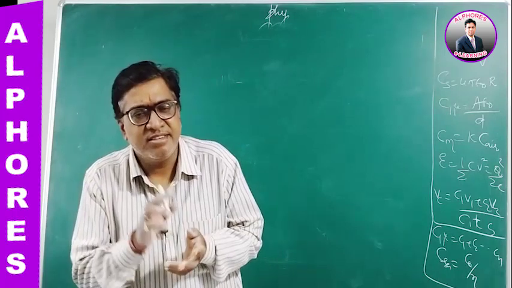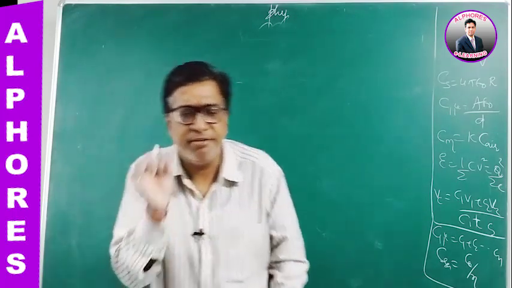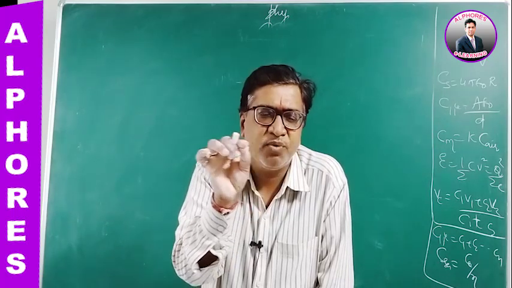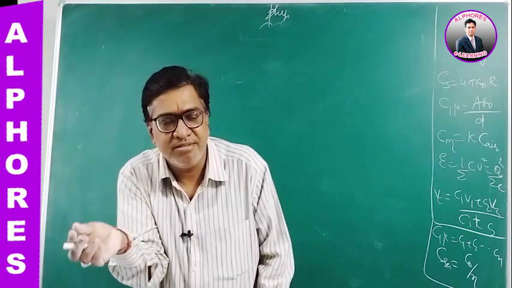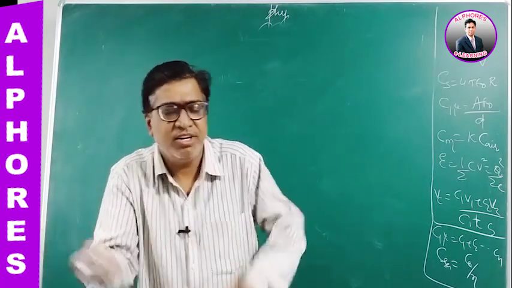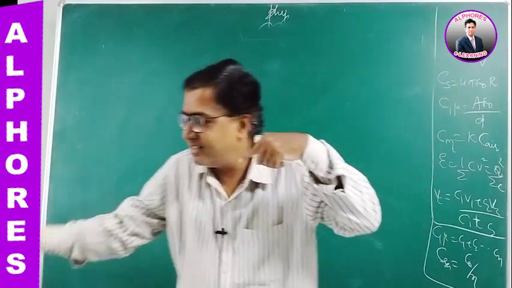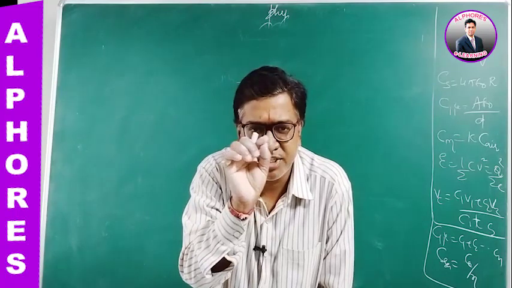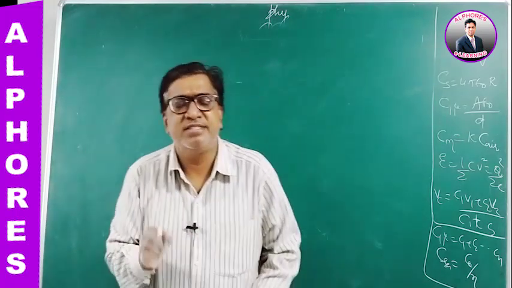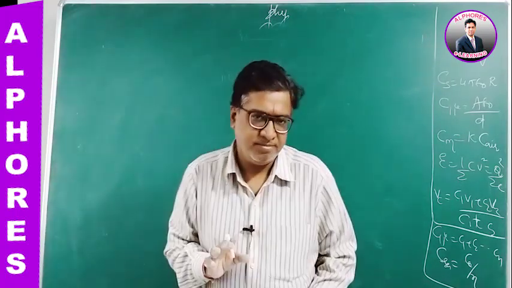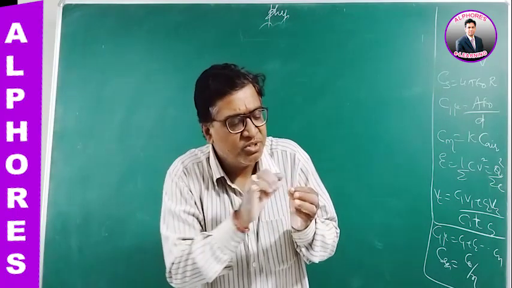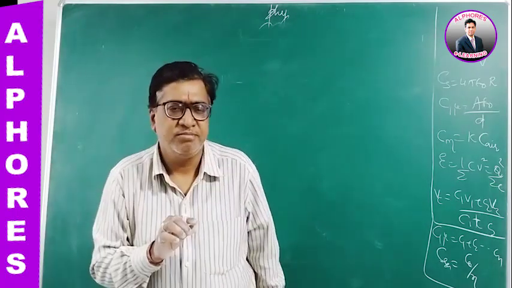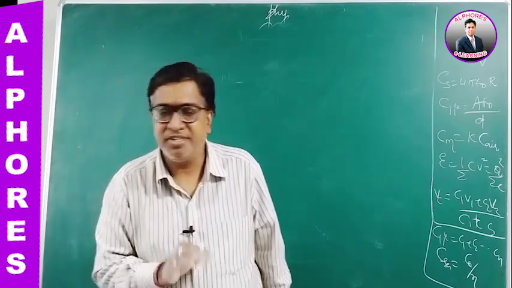Then if you find any elements where the same charge flows continuously, one after the other, through them, not just the same charge somewhere else, then they are said to be in series.